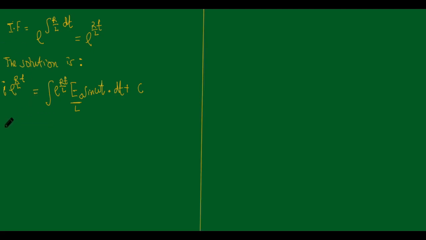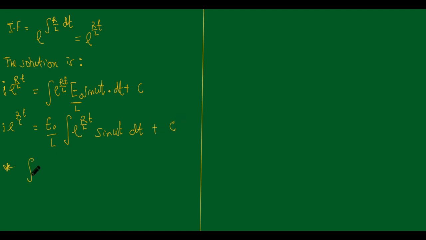Now let's simplify this. We have i e raised to power R over L t equal to E naught divided by L times the integral of e raised to power R over L t sine omega t dt plus a constant.